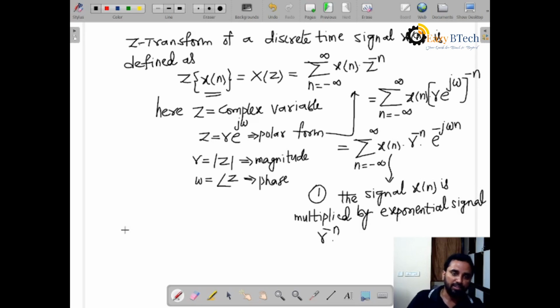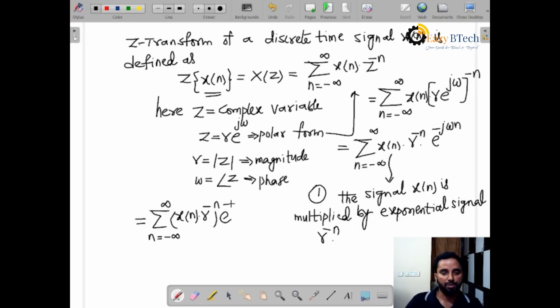And the second thing, I am writing again the summation n equals minus infinity to plus infinity of x of n into r power minus n, in brackets, into e power minus j omega n.